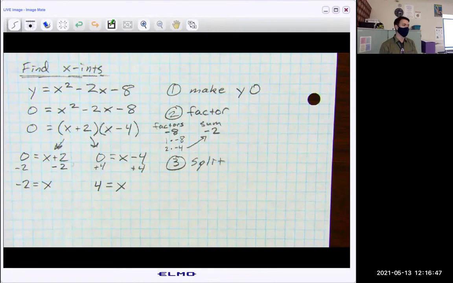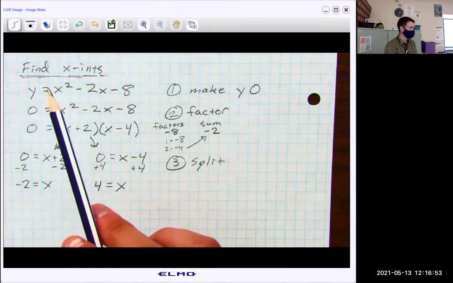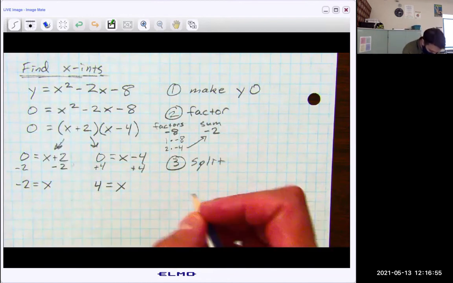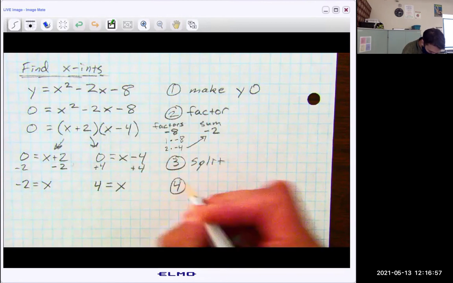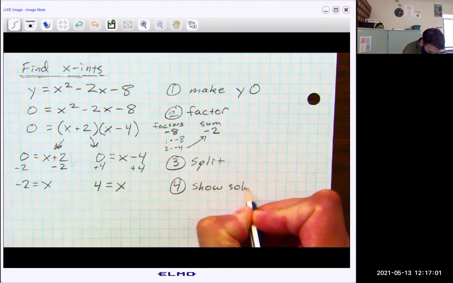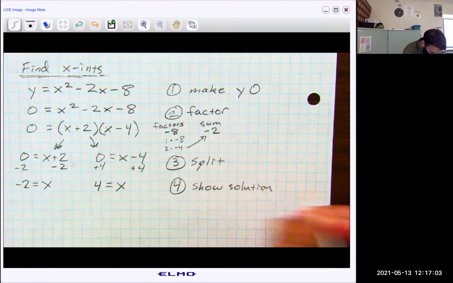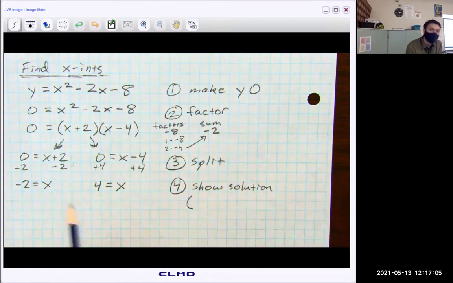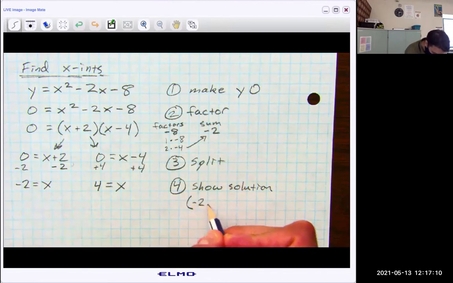And those are actually the x-intercepts, because that's what x is when y is 0. So the fourth step is to show the solution. And we write it like this. My x is -2 when y is 0.